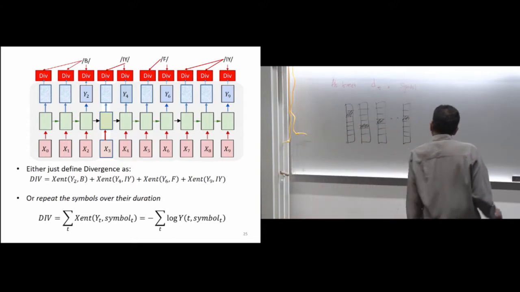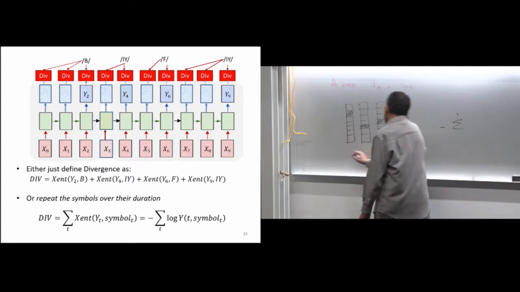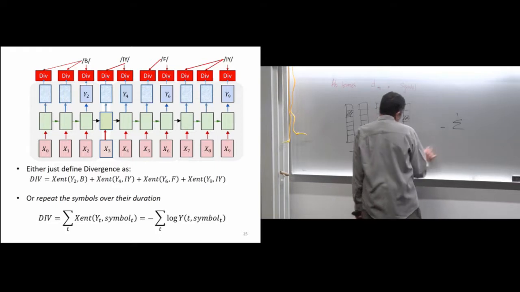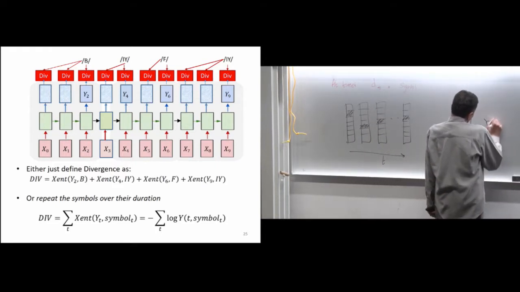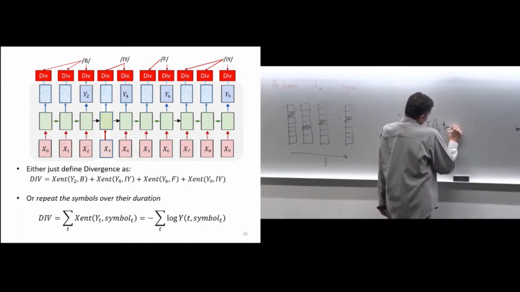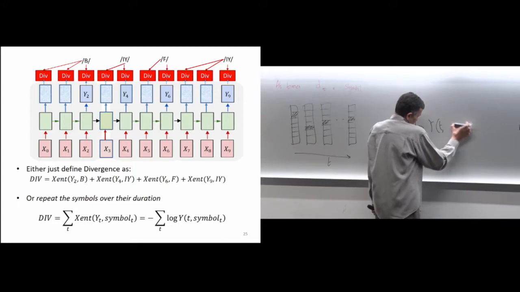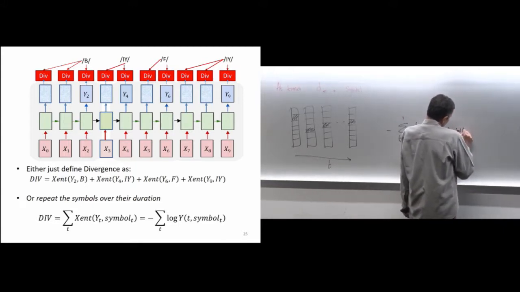So all we would do is take the negative, and we'd be summing across time log of y of t of the target symbol t, right?